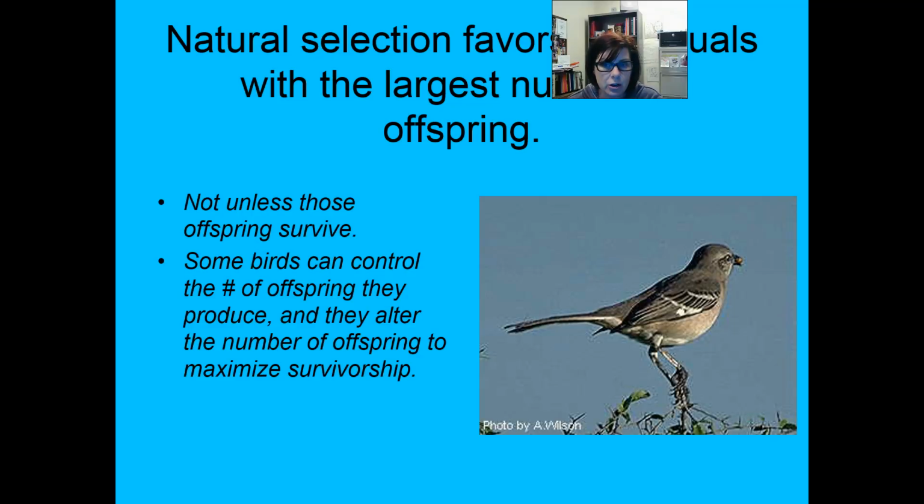If it's a lean year where they're not going to have a lot of food, then it makes sense not to lay a lot of eggs if you can't support them. So some birds control the number of offspring they produce, and they alter the number of eggs to maximize survivorship. Then think about a frog that lays 300 eggs that get fertilized. That's 300 little tadpoles, but how many of those tadpoles are going to make it to frog status?